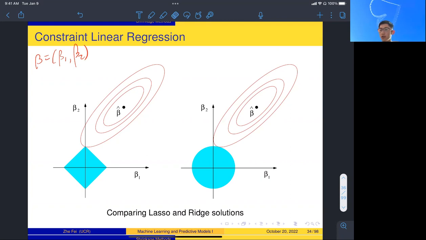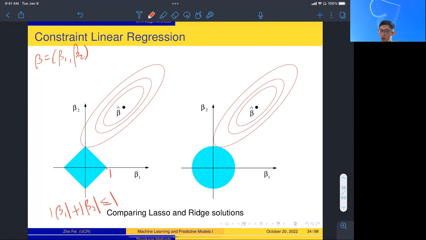We see the square, which corresponds to the L1 penalty. The blue square corresponds to the L1 norm of beta less than or equal to 1. Let's call this the unit square.